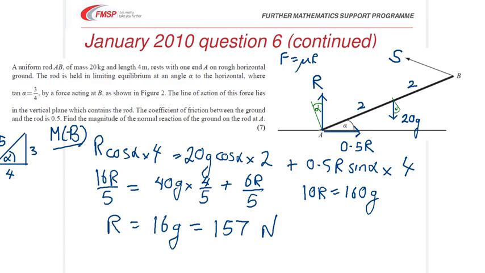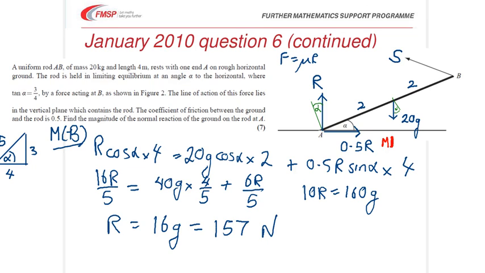7 marks for that. So not much writing, but it was all about taking moments about the right place. The mark allocation, well, for stating that the frictional force is 0.5 R, we had 1 method mark for using the fact that it was limiting friction, so that's an M1.